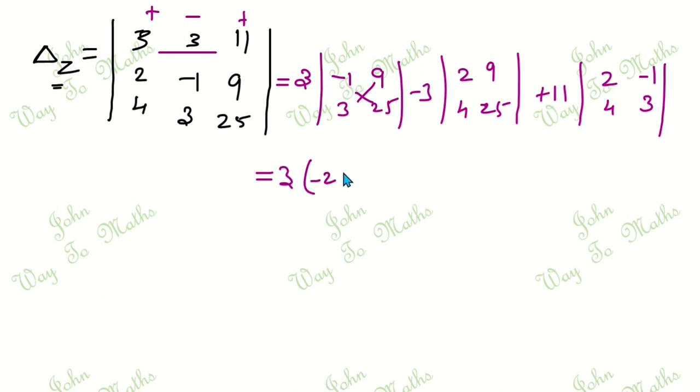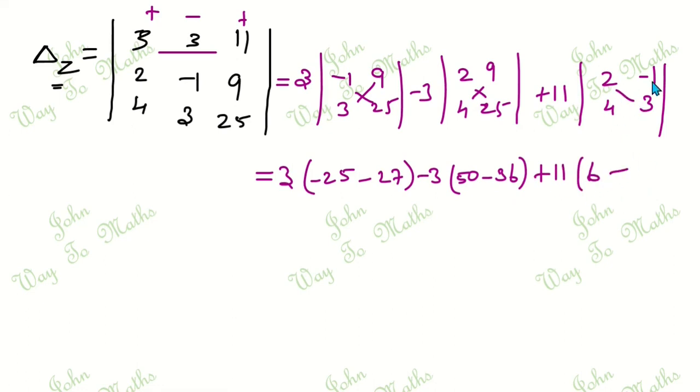First diagonal becomes minus 25 minus second diagonal becomes 3 9s are 27. Minus 3 times of first diagonal becomes 2 into 25 becomes 50 minus second diagonal becomes 9 4s are 36. Plus 11 of first diagonal becomes 2 3s are 6 minus 1 into 4 becomes minus 4.